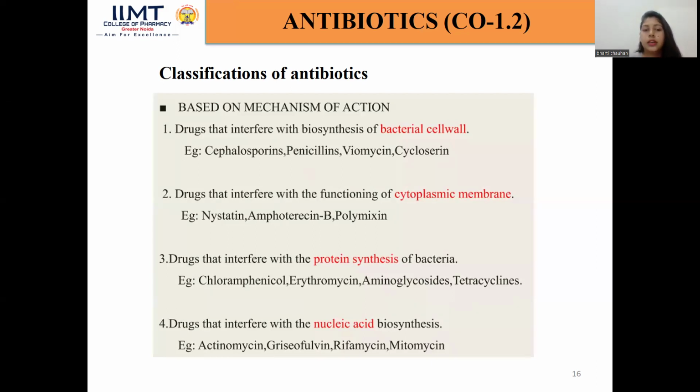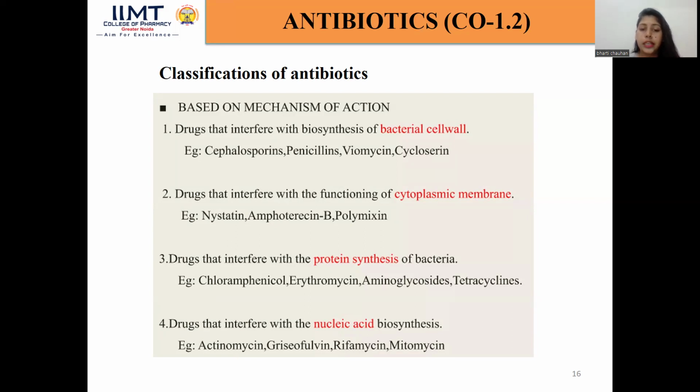So in the first part, drugs that interfere with biosynthesis of the bacterial cell wall, examples cephalosporin, penicillin, vancomycin, and cycloserine. Second, drugs that interfere with the functioning of the cytoplasmic membrane, examples nystatin, amphotericin B, and polymixin.